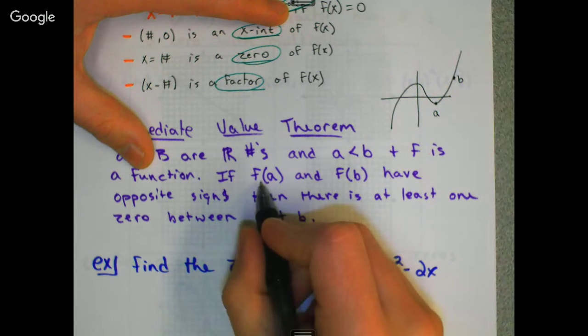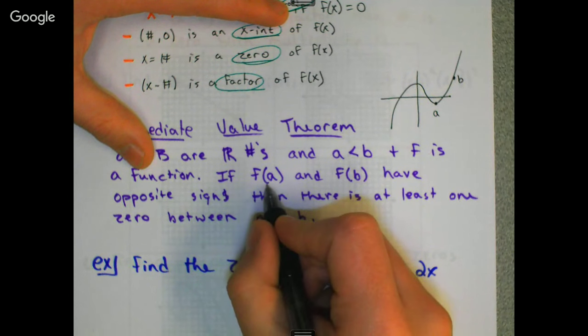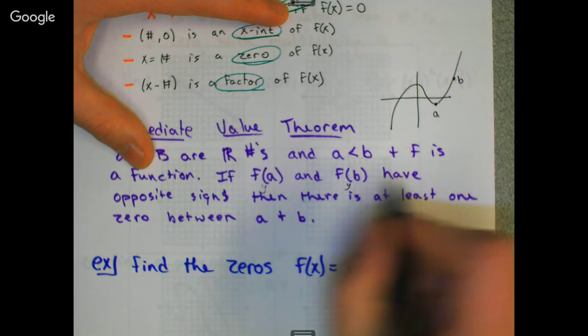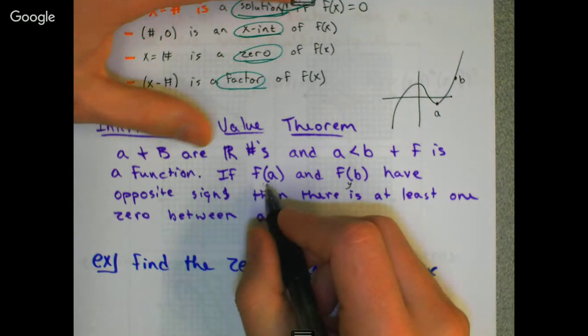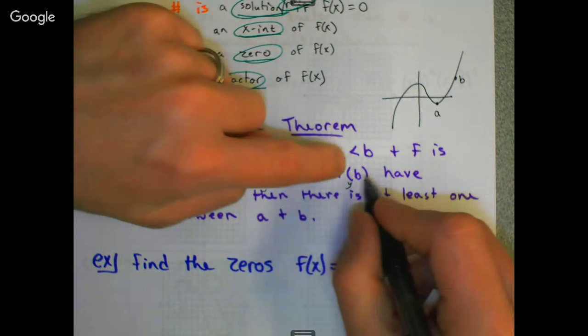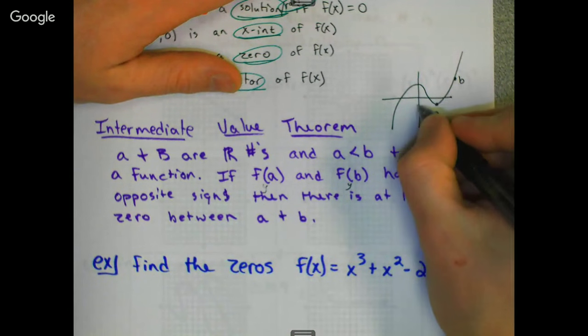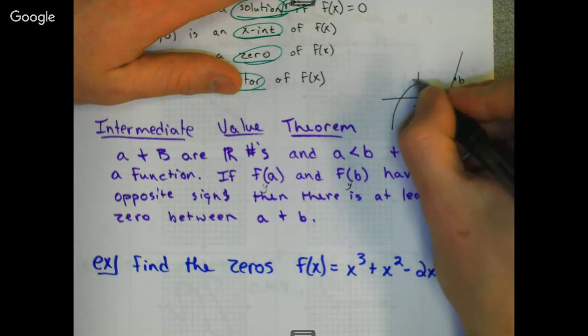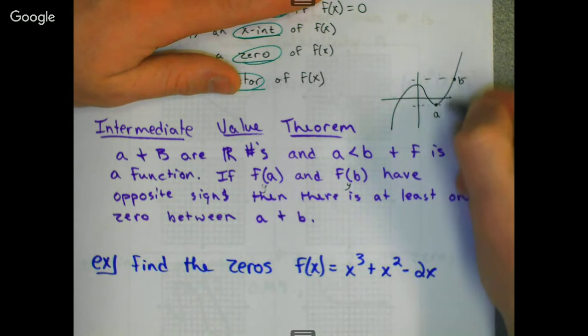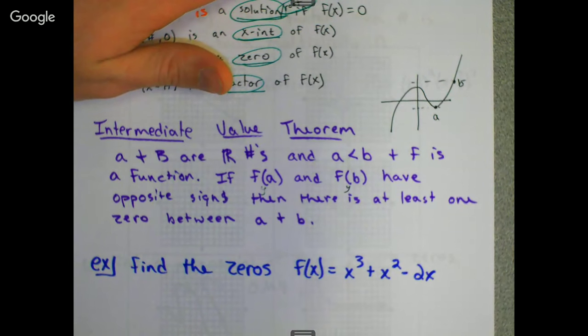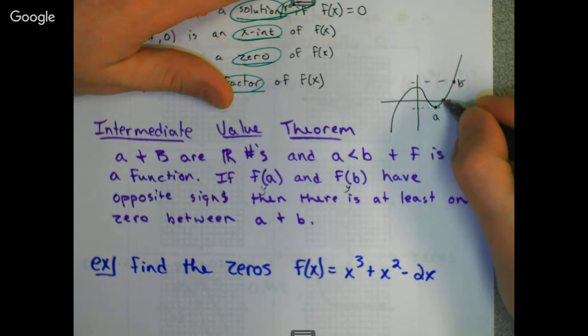If f of a, meaning your y value here, and f of b have opposite signs. So meaning this is positive and this is negative, or this is negative and that's positive. So in this case, this one's negative and this one's positive. Okay, so they have different signs. Then there's at least 1 zero between them, which would be right here.